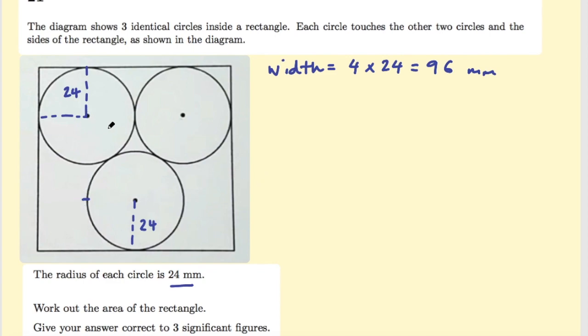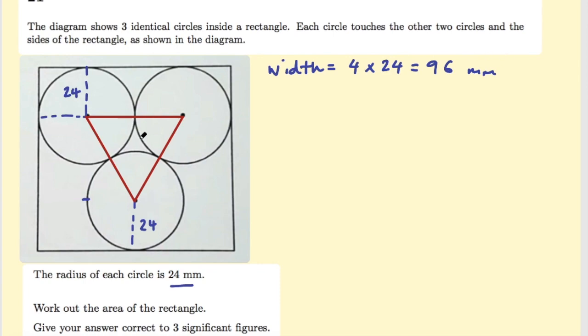But what we are given is this triangle in here. So there is actually an equilateral triangle joining these three centers. It must be equilateral because the circles are perfectly touching, and these lengths are all the same. So it must be an equilateral triangle.